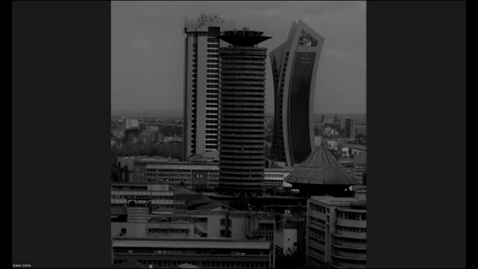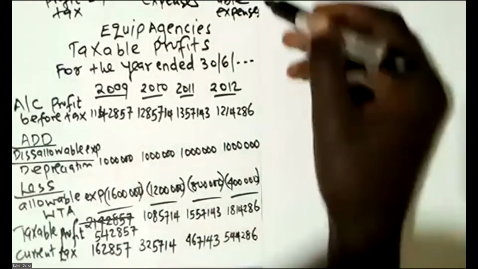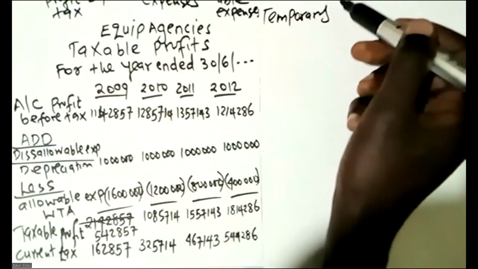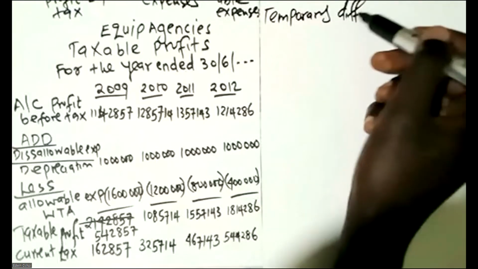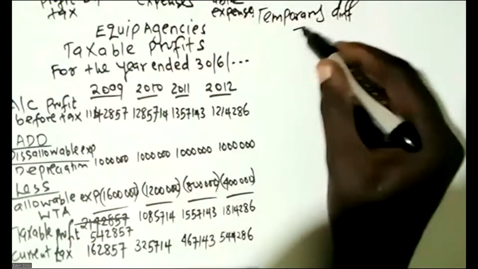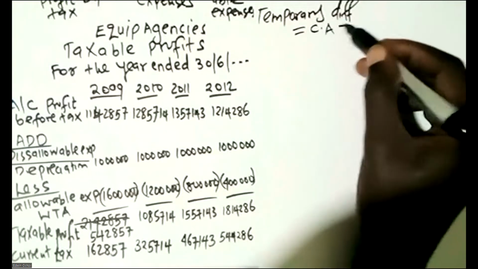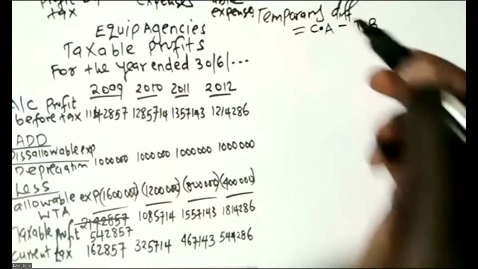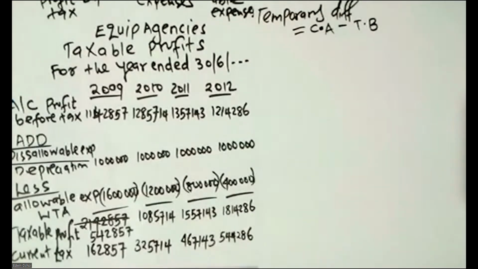The temporary difference is the carrying amount minus the tax base. We always say the carrying amount minus the tax base. The carrying amount is the cost minus accumulated depreciation, and the tax base is the cost minus accumulated capital allowance.